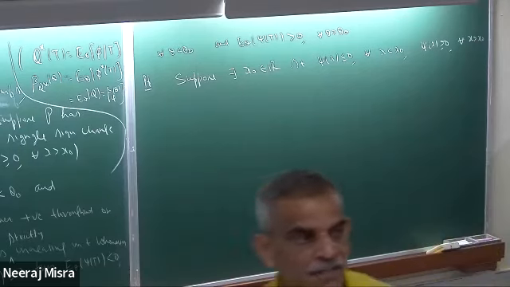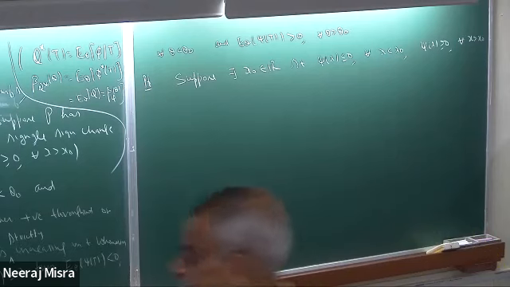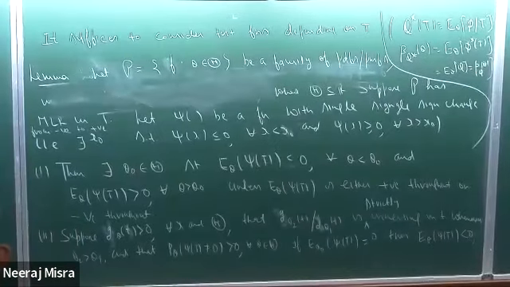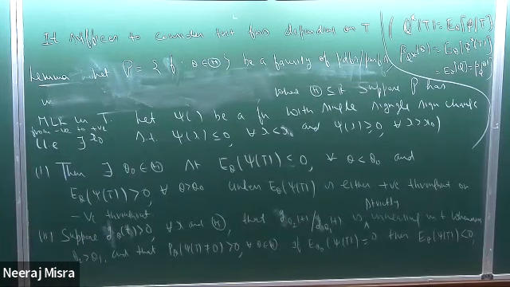So that means you are assuming that if expected value of psi takes both positive and negative values, then there will exist a theta naught below which it will be less than 0 and beyond which it will be greater than 0. To prove this, it is enough to prove that once expected value of psi t becomes positive, it will remain positive throughout beyond that point. That is what suffices to prove. Is that okay?